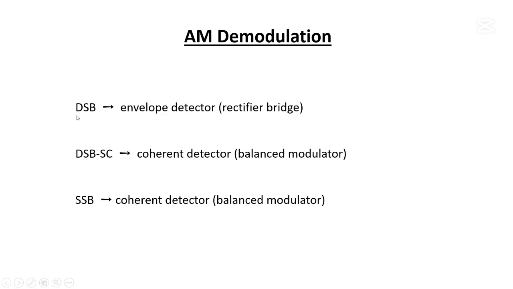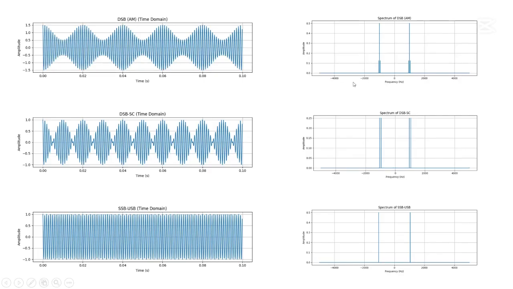If we have a double sideband modulated signal, then its demodulation will be of different type, and if we have a double sideband suppressed carrier or single sideband, then its demodulation will be of different type. The process will be changed here. Alright, I hope you got it.